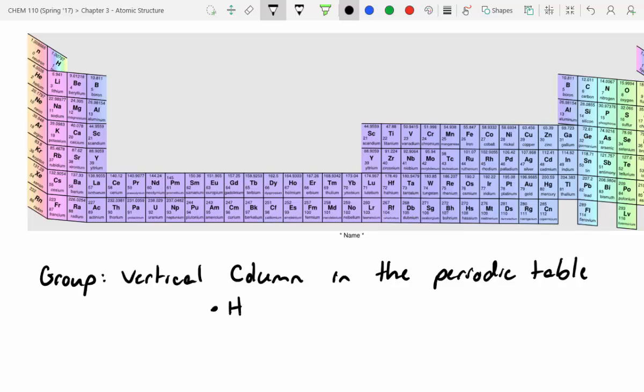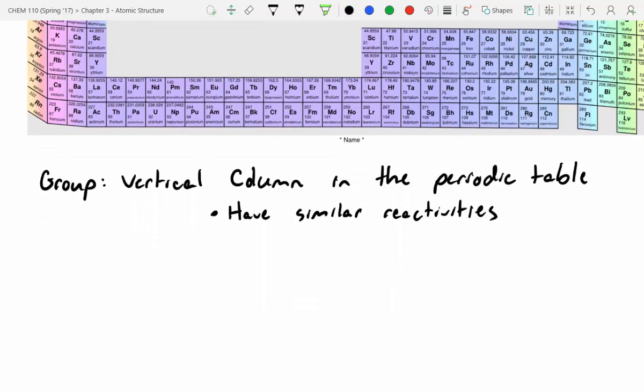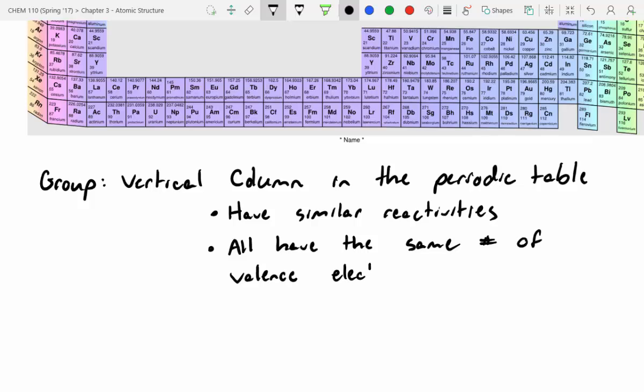And they have similar reactivities. Just like we saw in the Brainiacs video, all of those metals exploded in water. The other thing that we just mentioned is that they all have the same number of valence electrons, which is why we can use the group number to determine the valence number.